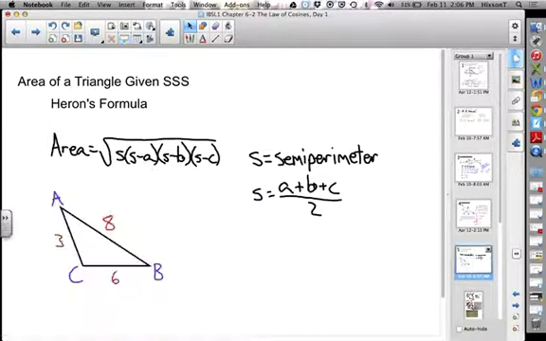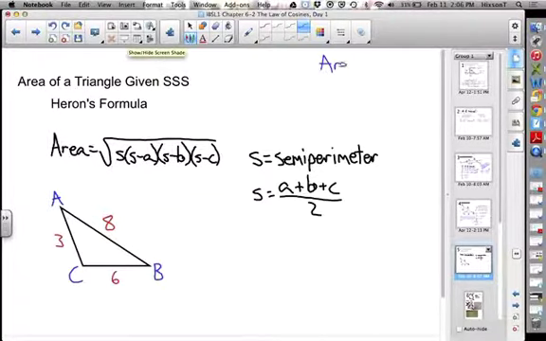Mr. Erickson, you said we knew the area for the what other thing? The side angle side? Yeah, if we know side angle side, we can find the area. If you remember, we had area equals base times height divided by 2. That's the classic one.